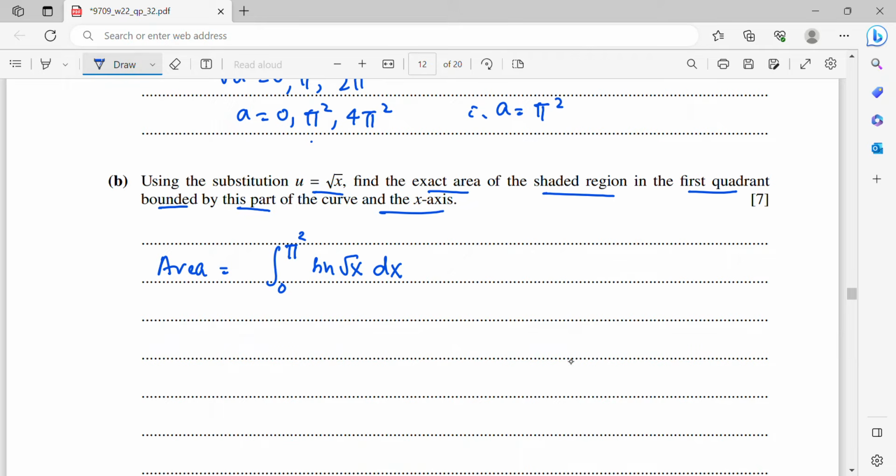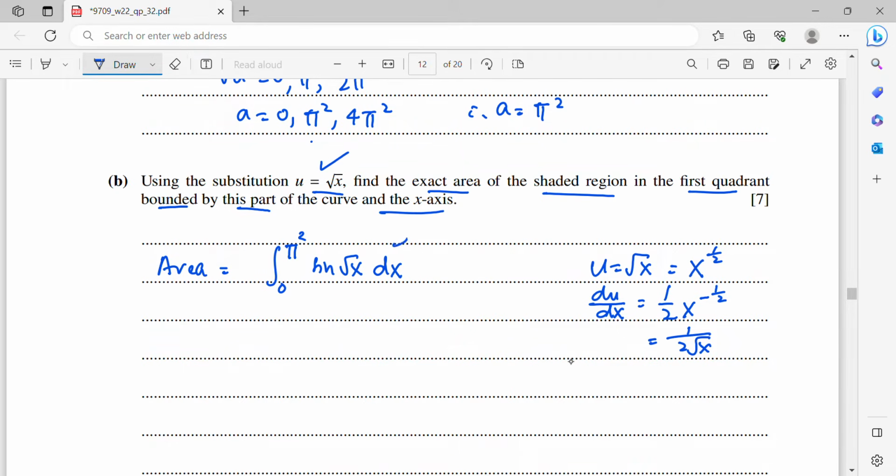Okay, so now it's given the hint, use u equals square root x. So when u equals square root x, firstly we need to get du over dx. This square root x is basically x to the power of half. So when we differentiate x to the power of half with respect to x, it will be half x to the power of negative half, or I would say it is 1 over 2 root x.